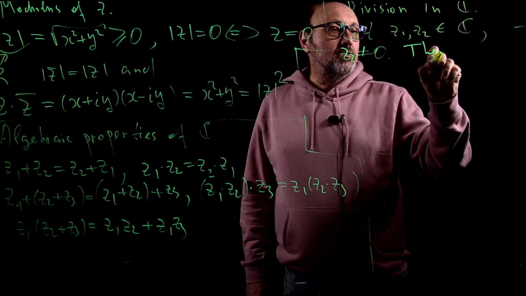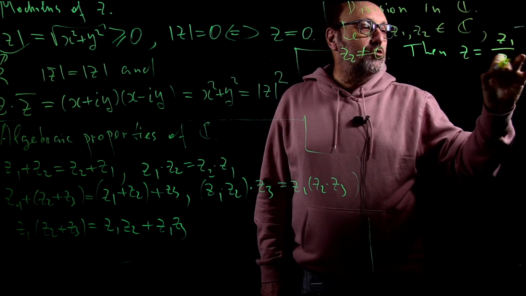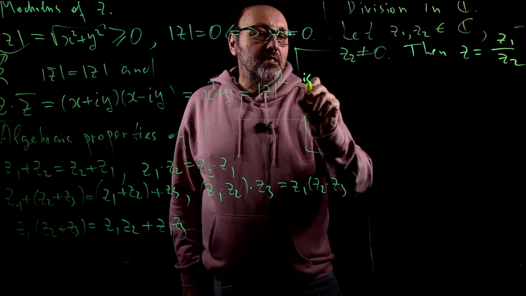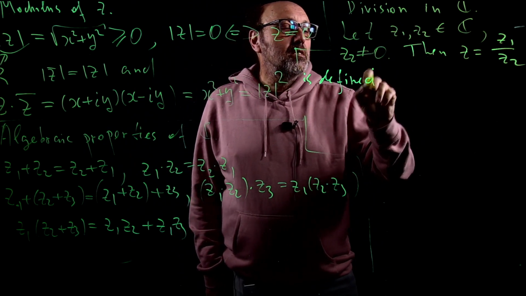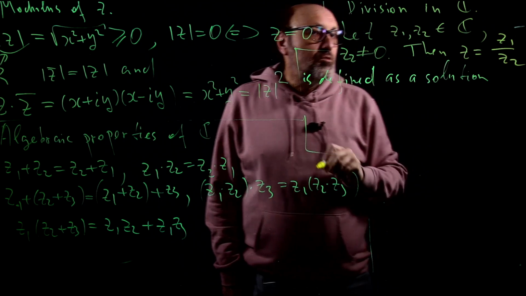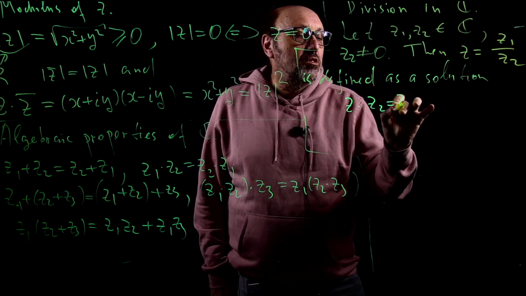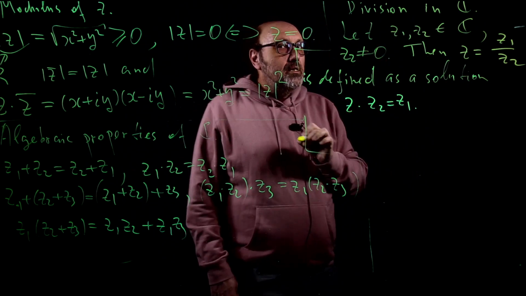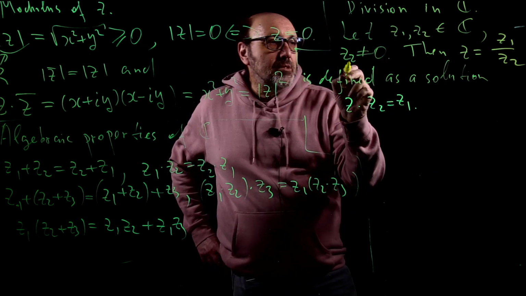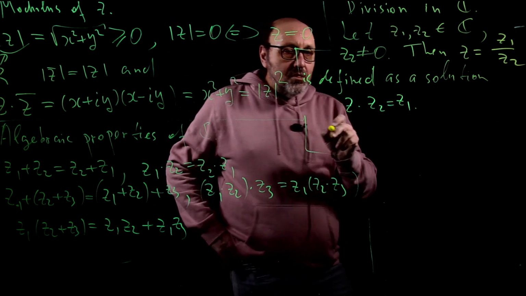Then Z, the quotient Z1 over Z2, is defined by the following equation: Z times Z2 is equal to Z1. If Z2, as here, is different from 0, this solution exists.